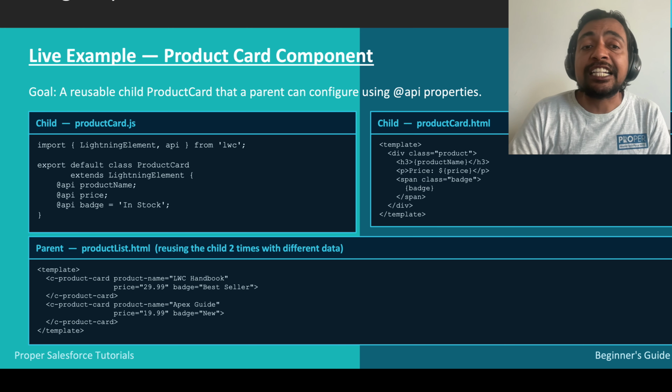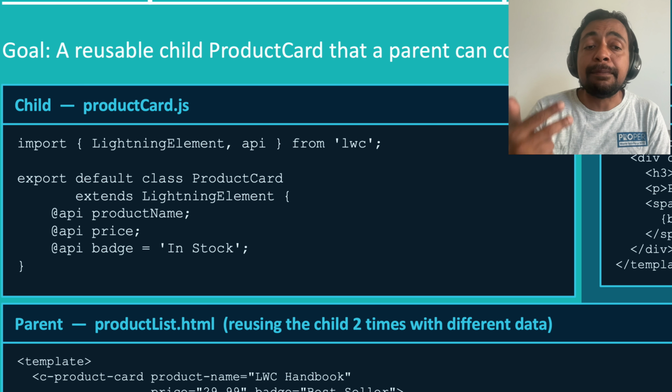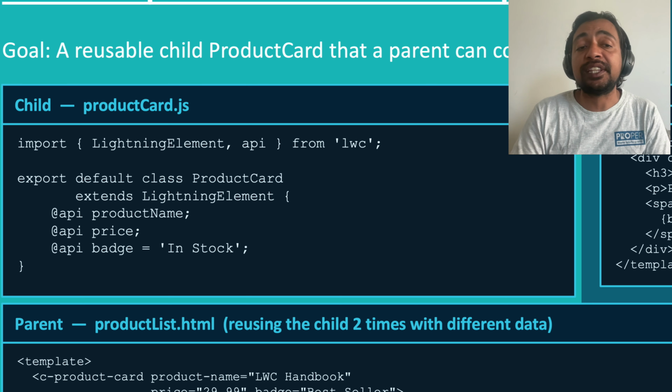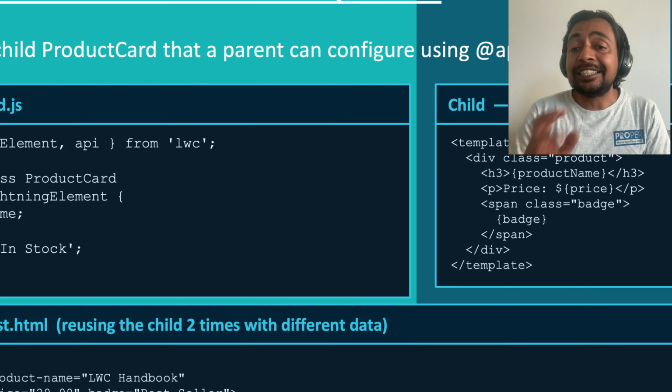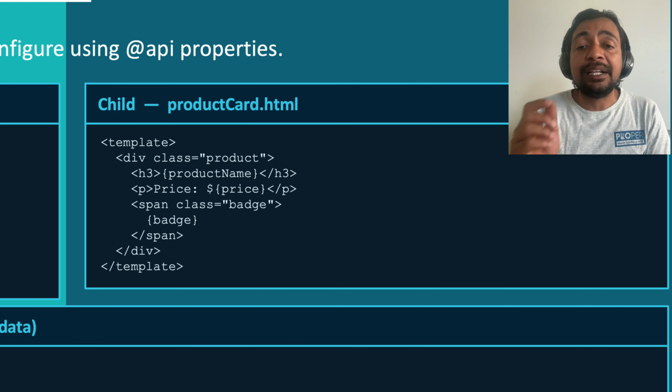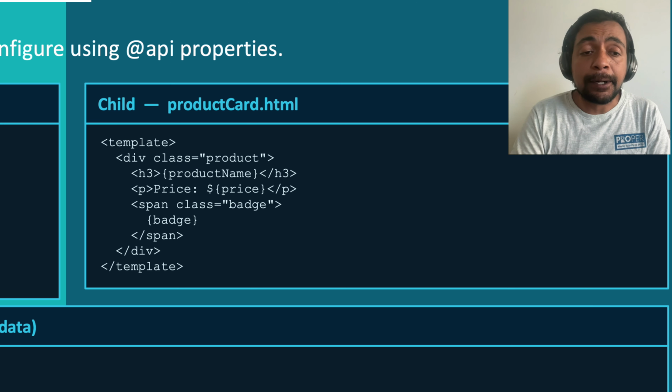Here, in the child component product card, we have provided product name, price, and badge, three different properties with @API. So all of them are public. In the HTML part of it, product name is in the heading, and price and badge are used to show the price and badge of that specific product.